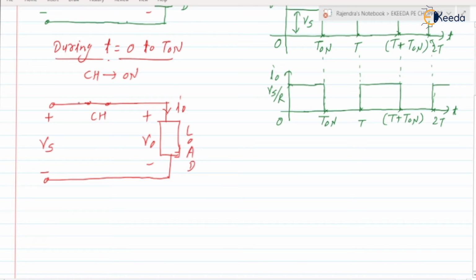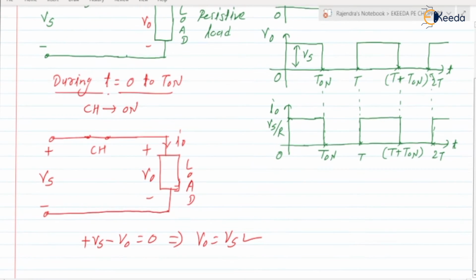Next, if we apply KVL, we can write plus Vs minus the voltage across the chopper, which is in the on state so the voltage will be 0, minus V0 is equal to 0. So plus Vs minus V0 is equal to 0, which implies V0 is equal to Vs. The output voltage is the same as the supply voltage during 0 to t on.